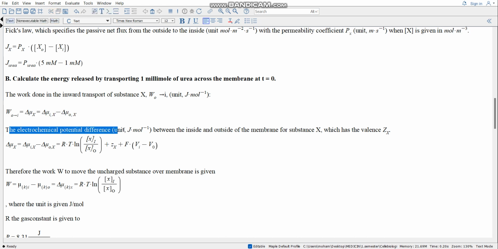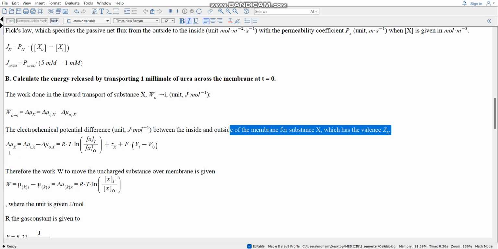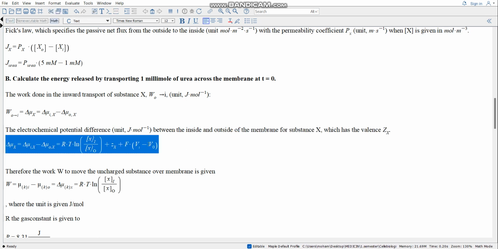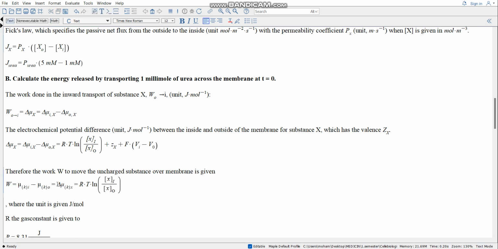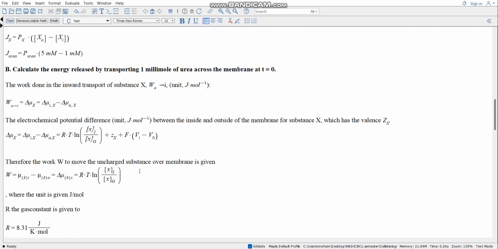The electrochemical potential difference between the inside and outside of the membrane for substance X can be found via this formula. And finally, we have this formula, which is the one I'll be utilizing. So the work W to move the uncharged substance over a membrane is given by this formula, okay? And the unit is joules per mole.